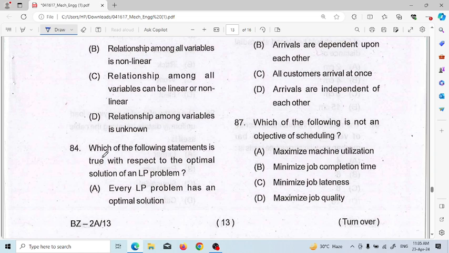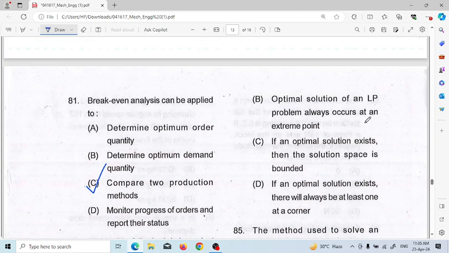Next question number 84. Which of the following statements is true with respect to the optimal solution of a linear programming problem? Option A, every linear programming problem has an optimal solution. Option B, the optimal solution of a linear programming problem always occurs at an extreme point. Option C, if the optimal solution exists, then the solution space is bounded.